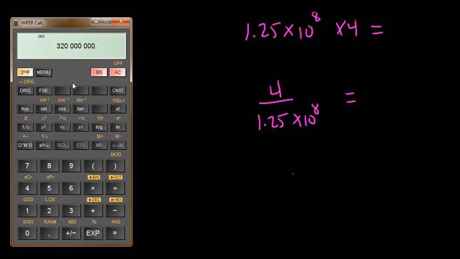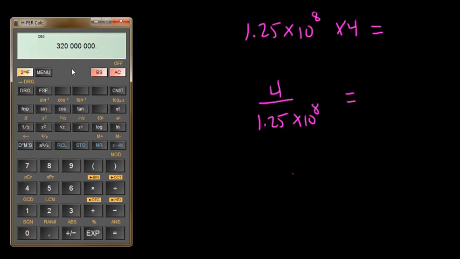And when we end up here, we end up with 320 billion. Now this is the incorrect answer. Because of the same ideas we talked about in the last video, we used order of operation incorrectly.